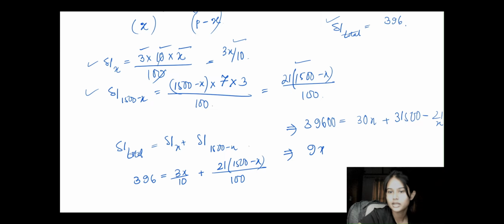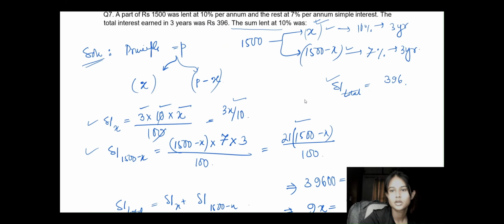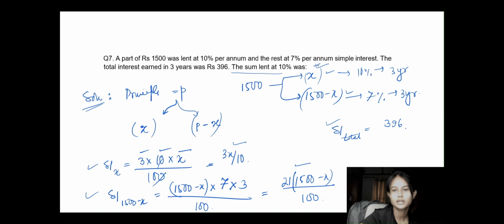So 9x equals 8100. So x is 900. So 900 was the sum lent at 10%. All right. So this is 900 rupees.